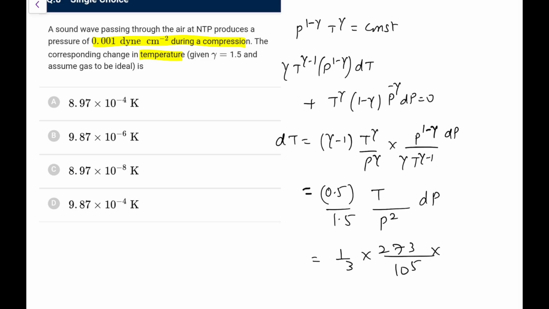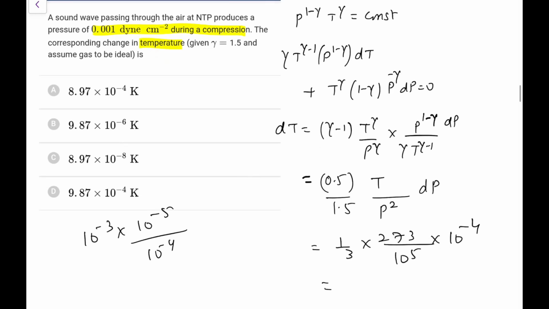Now the unit is dyne per centimeter square, so convert this: 1 dyne is 10 to the power minus 5 Newton, centimeter square is 10 to the power minus 4, so this comes out as 10 to the power minus 4.